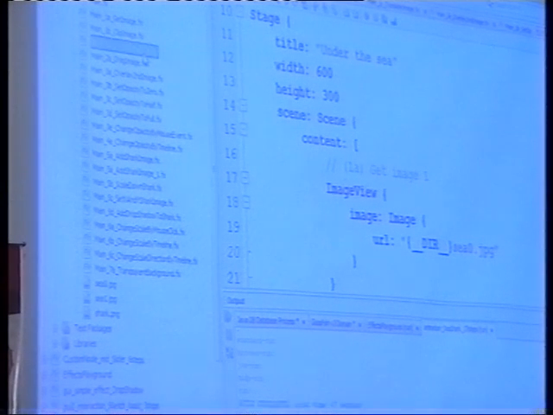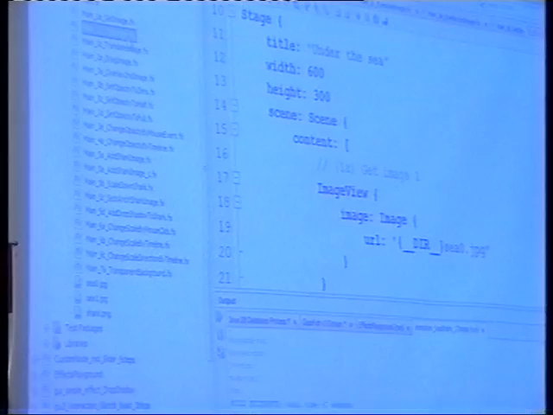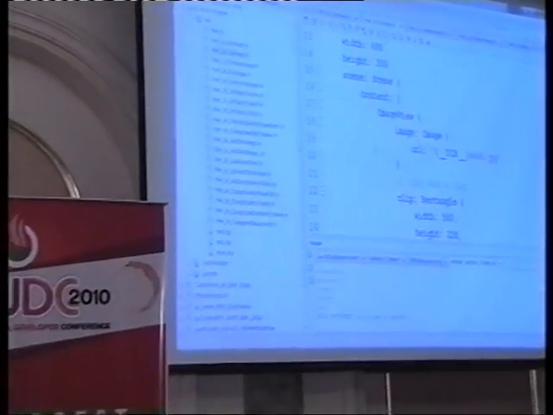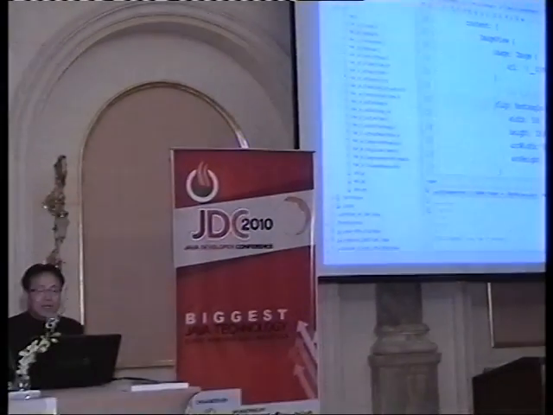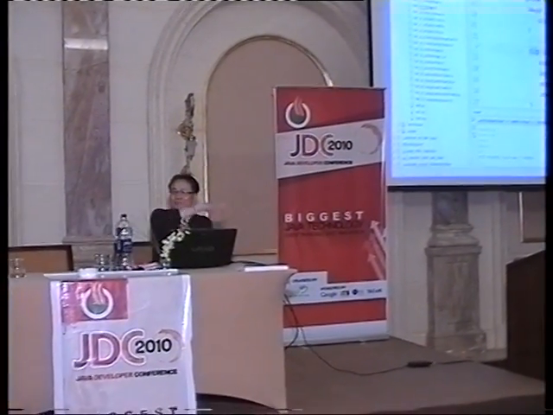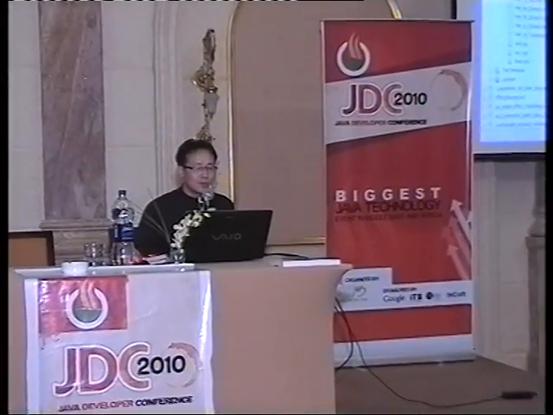Since I don't have that much time, I'm going to skip the split image. I'm applying the clip attribute with the rectangle. So instead of a whole big picture, I'm going to just clip it. Just right click and run, and you will see.